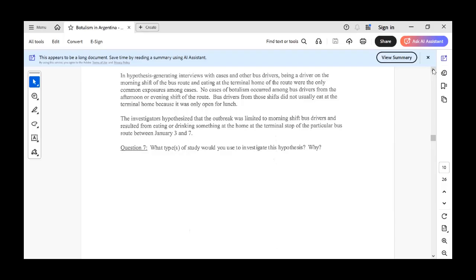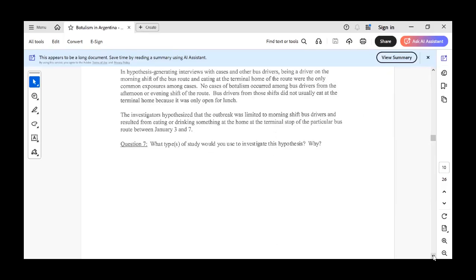So in a case control study, you would calculate the odds ratios, right? Whereas in the cohort study, what can you calculate? Relative risk. You can calculate attack rates and incidence. You can calculate your relative risk.